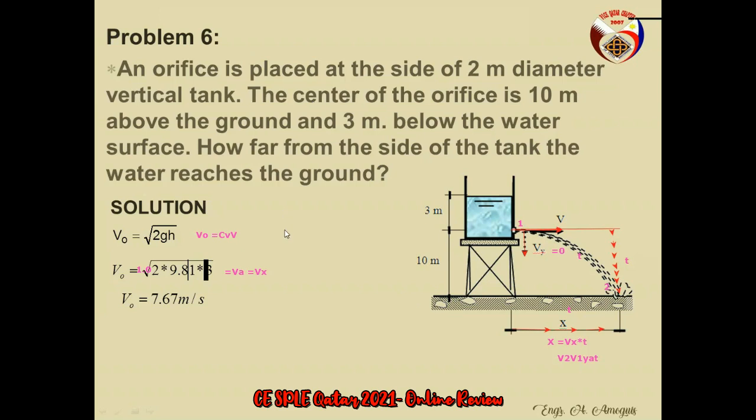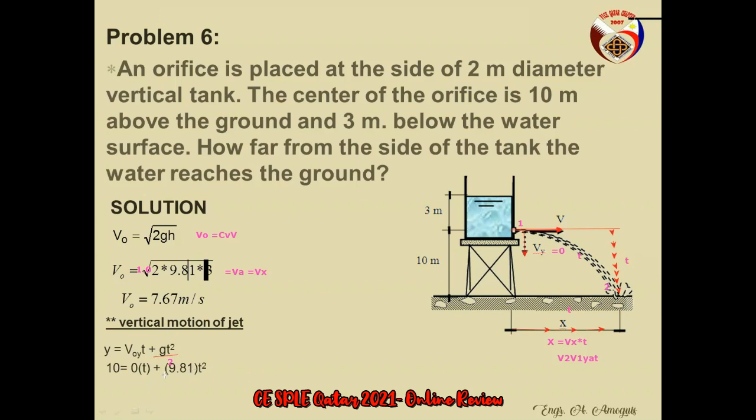Ganun lang yan. So using the equation, okay, y equals V1y times time t, plus gt squared over 2. So I can solve time t. So I have 10 equals 0 times time, plus gt squared over 2.